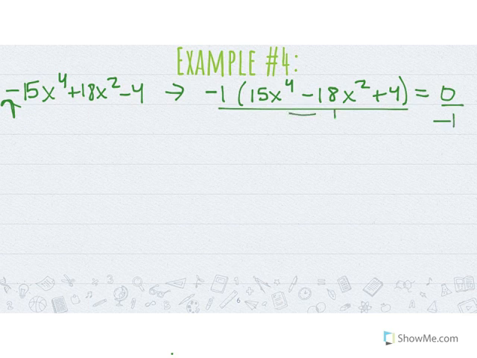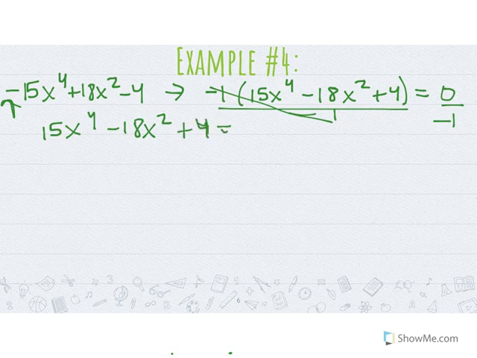We're going to divide out our GCF, and that means that we are left with 15x to the 4th power minus 18x squared plus 4 equaling 0. Now I'm going to go ahead and determine my u substitution, making sure that this is half of this exponent, and it is.